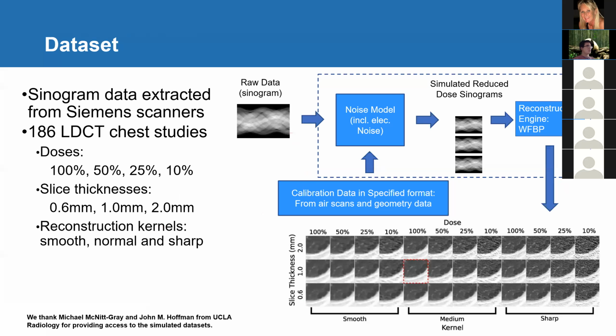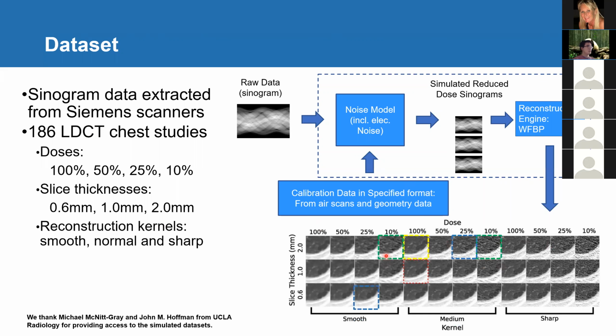From the acquisition of 186 UCLA low-dose CT screening chest studies, a physics-based noise model was used to simulate the reduced-dose sinograms. Those sinograms were later reconstructed into CT images using weighted filtered back projection with a choice of kernels and slice thicknesses. Together we have a variety of acquisition and reconstruction conditions. In total, there are 36. Example reconstructed images are shown in this figure.